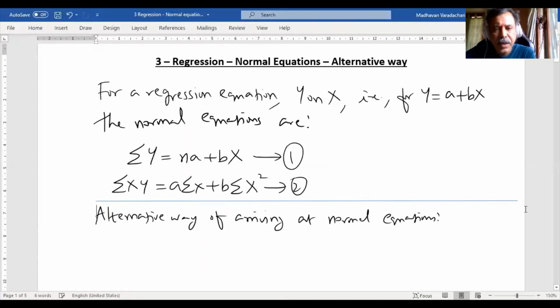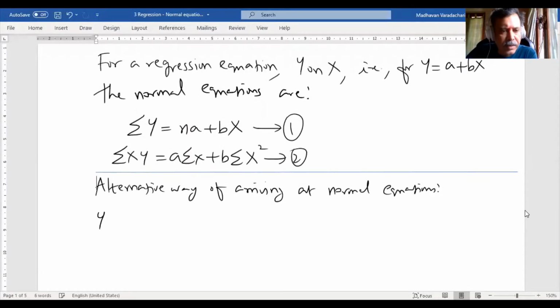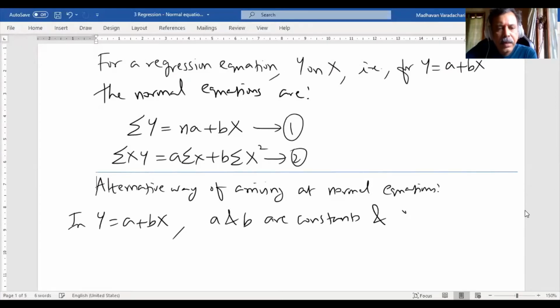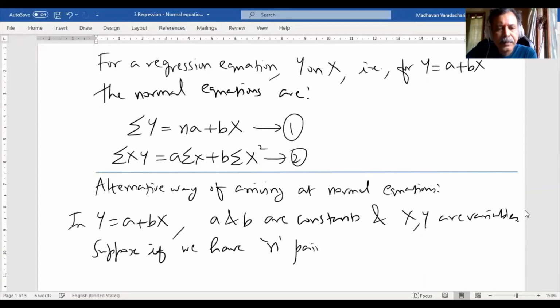One thing is clear: in y equal to a plus bx, a and b are constants and x, y are variables. Suppose we have n pairs of data x, y.